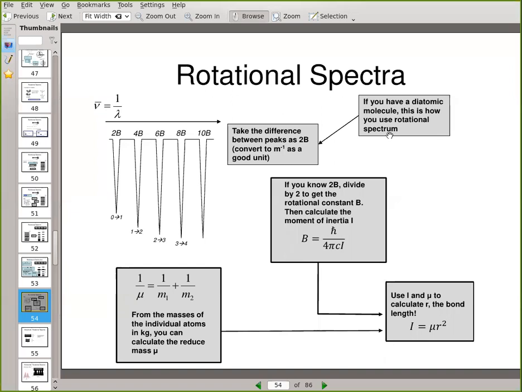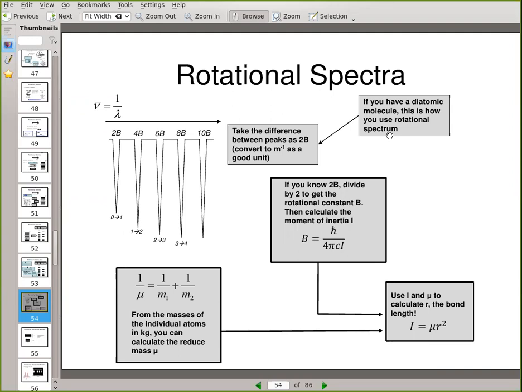Okay, there's a question here. How can we find the mass of one atom using grams per mole to just grams for one atom? That's a really good question. First thing I would do is work in kilograms.